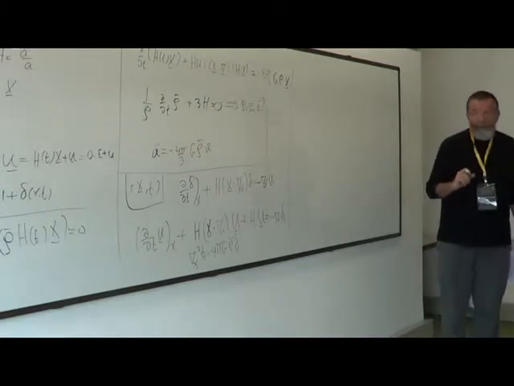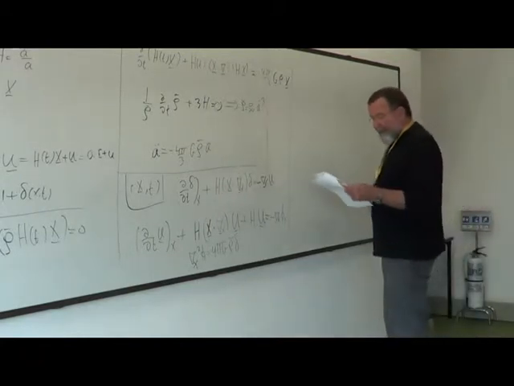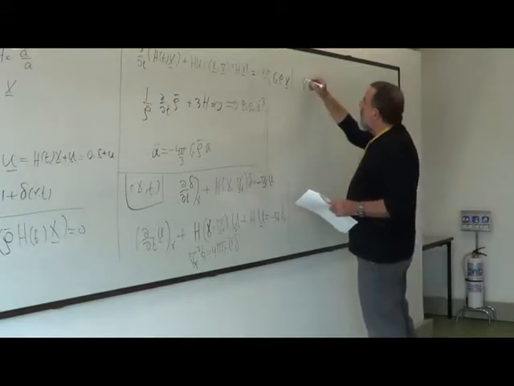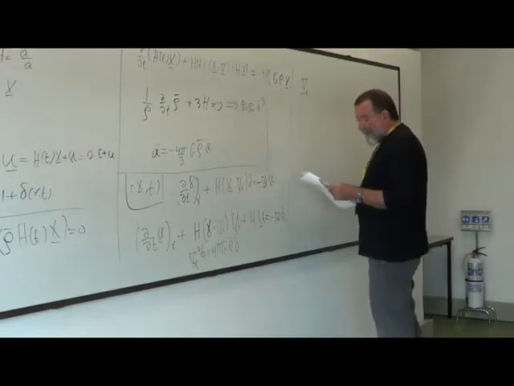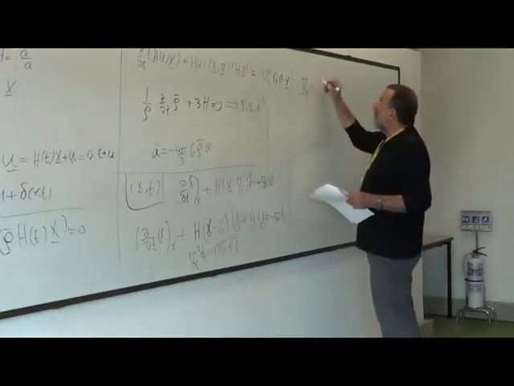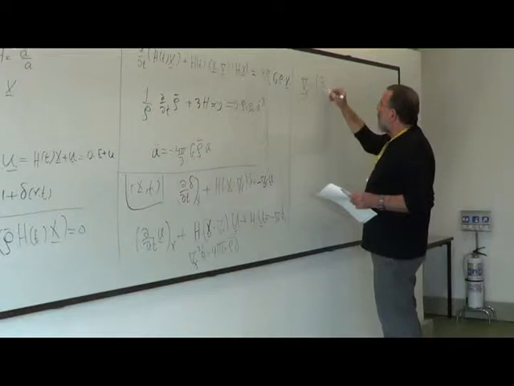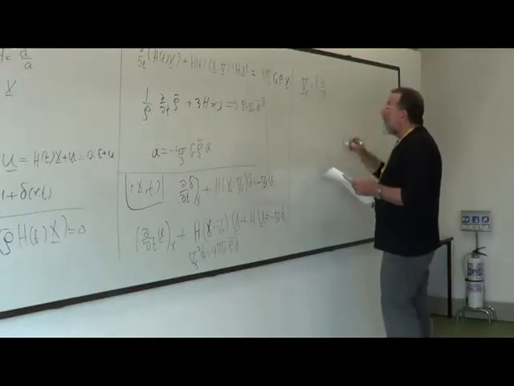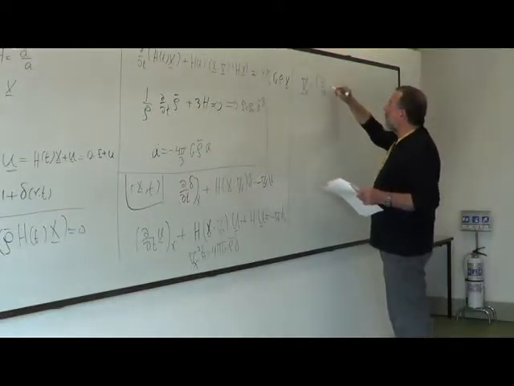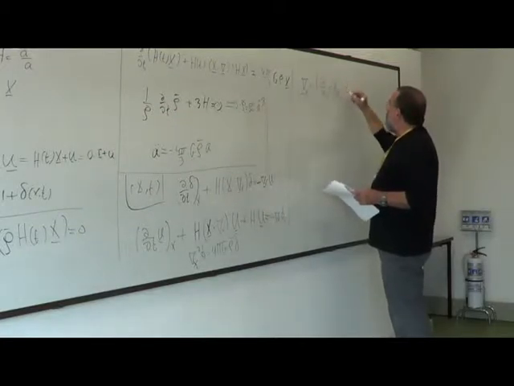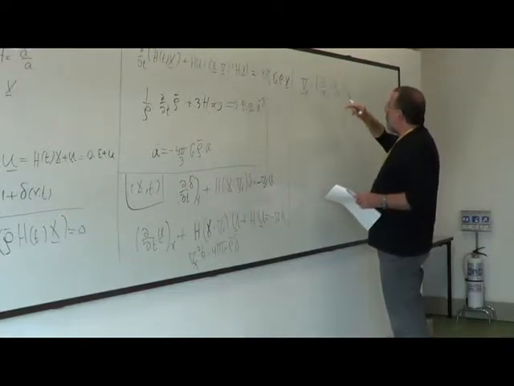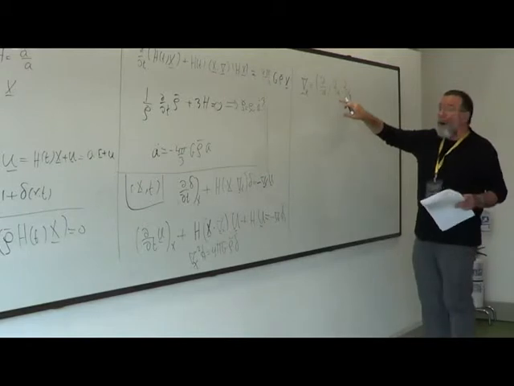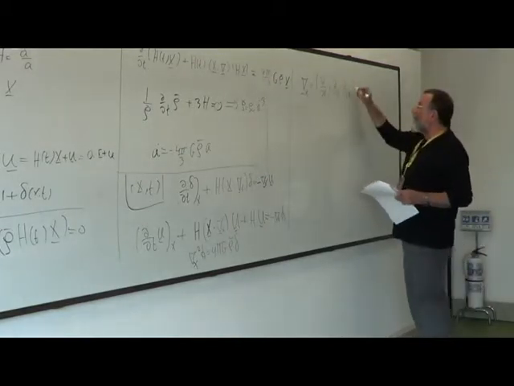There I have to be careful about changing the variables. So if I have the gradient with respect to x, let me write it like that: it's the partial derivative with respect to x1, x2 and x3, the x, y, and z notation.